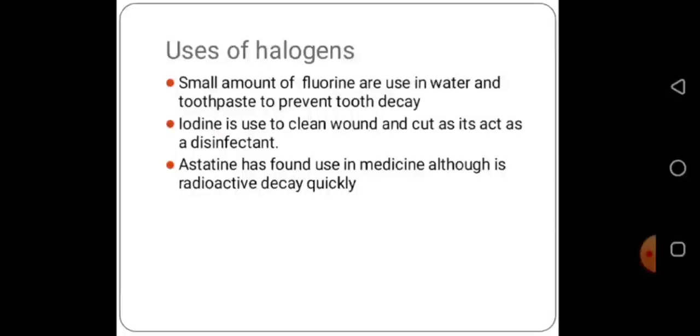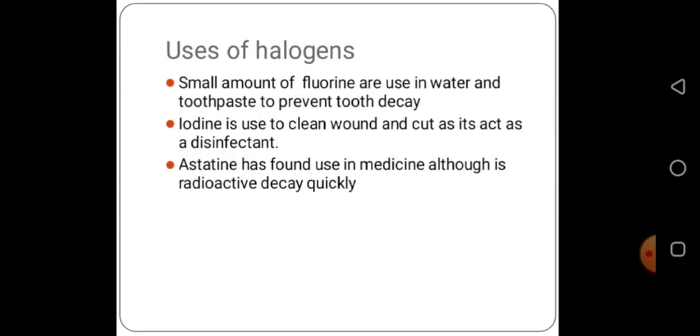So let's see some uses. Small amounts of fluorine are used in water and toothpaste to prevent tooth decay. So in industry, they are using fluorine in toothpaste. This fluorine is used to prevent teeth from decay.